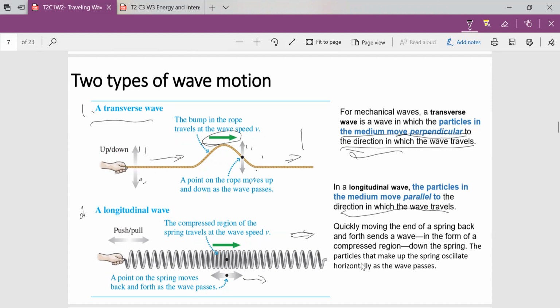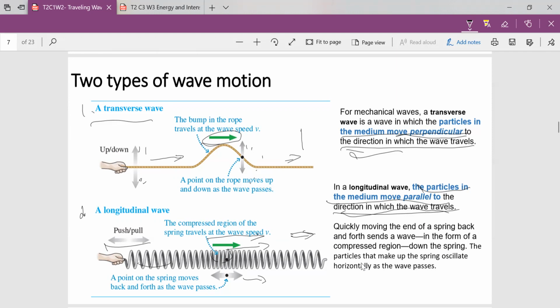While for the longitudinal wave, the particles in the medium move parallel to the direction of the wave. So the movement of the particle is this way, and the movement of the wave is also in a parallel direction. If you pull and push a string, you will see areas that are compressed and areas that are spaced out.